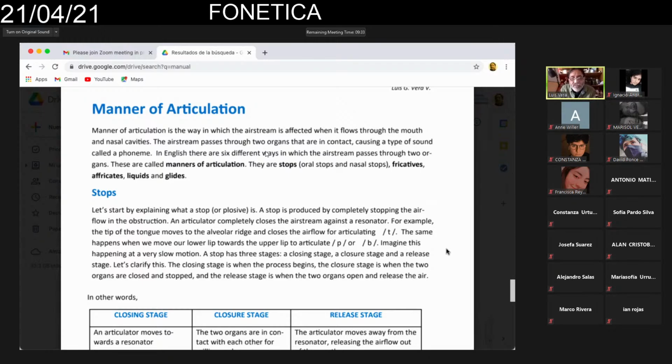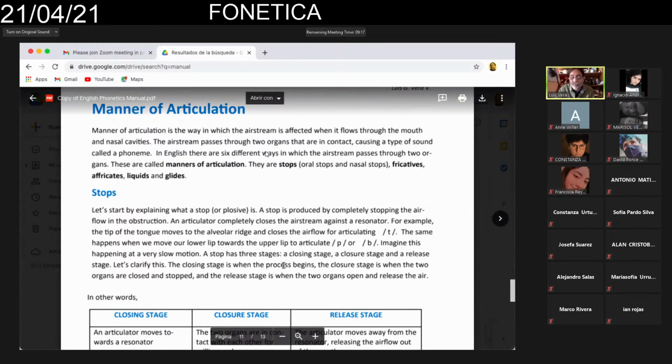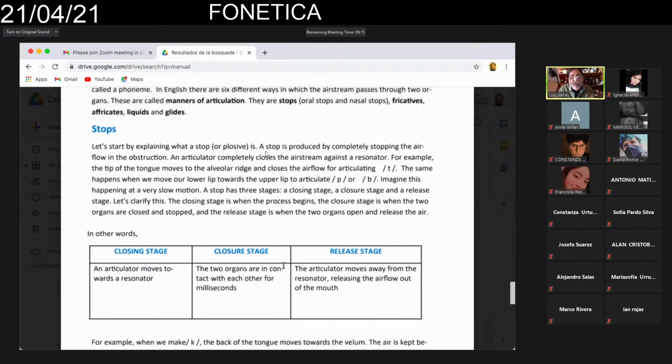The closing stage is when the process begins. The closure stage is when the two organs are closed and stopped. And the release stage is when the two organs open and release the air. In other words, closing stage, closure stage, and release stage.